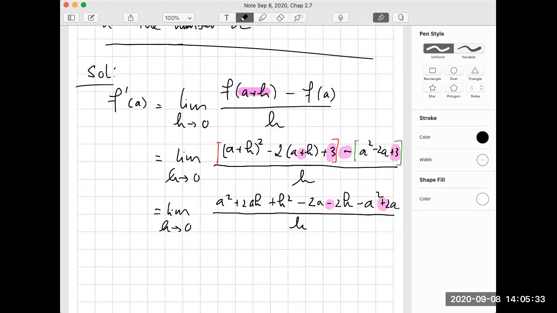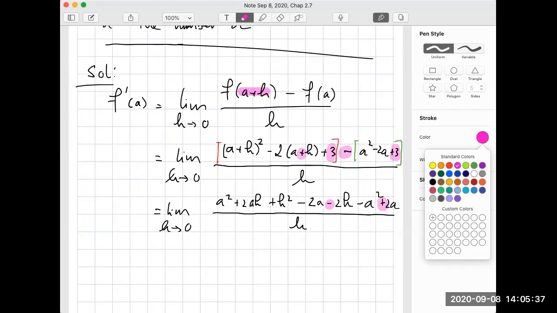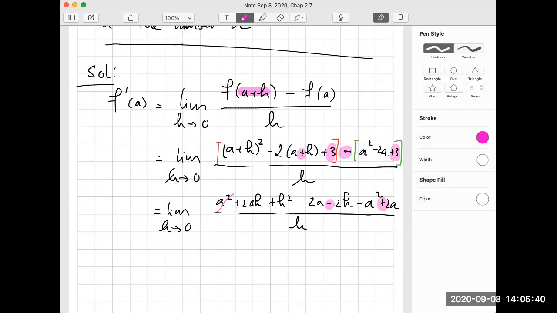Okay. Now, again, we see that this is a squared. We'll cancel with a squared here, right? And this negative 2a will cancel with positive 2a.